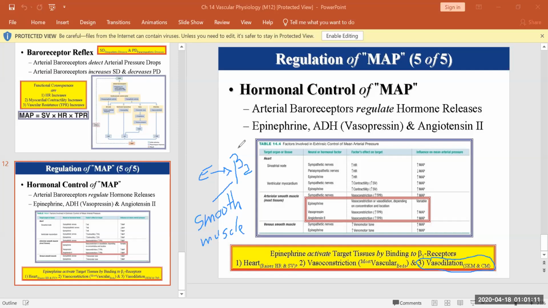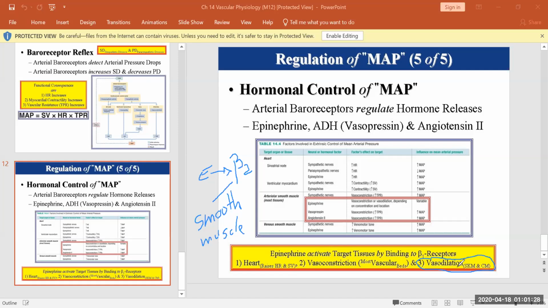So when epinephrine is released and activates the beta-2 receptors, these blood vessels dilate. In other words, they allow blood flow to increase. More blood goes to skeletal muscles, more blood goes to cardiac muscles.